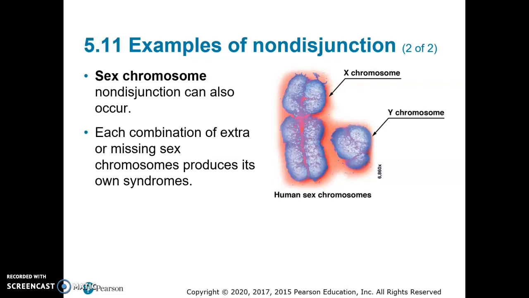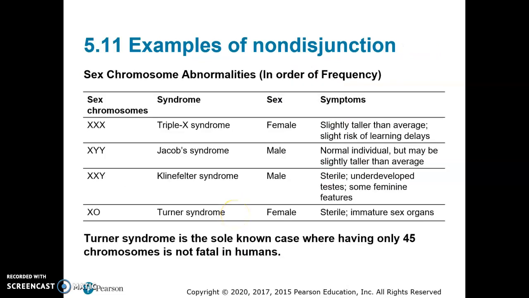However, they behave exactly like a homologous pair in that they too get separated during meiosis, so that two of the gametes are going to contain the X chromosome, two of the gametes are going to contain the Y chromosome, that is for baby boys. But it doesn't matter, even if this were another X, non-disjunction can occur in the sex chromosomes. And so here are some examples of non-disjunction that takes place within the sex chromosomes.